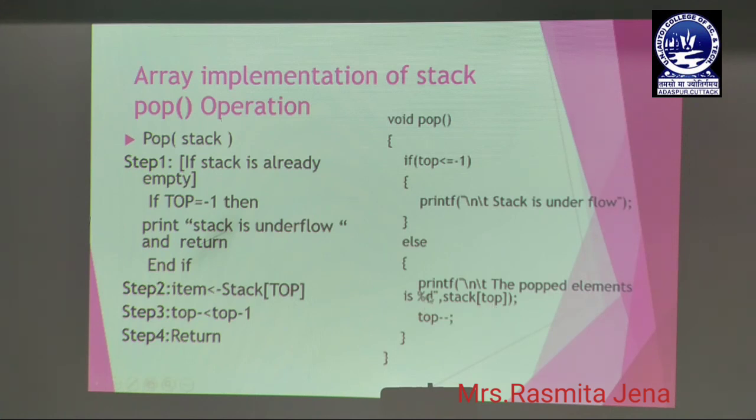Now we will decrement the top variable for removing the next element from the stack, that is top equals top -1, or you can write top--. When you write top--, it will decrement the top variable and the top will point to the next element which will be popped, or which will be removed from the stack.